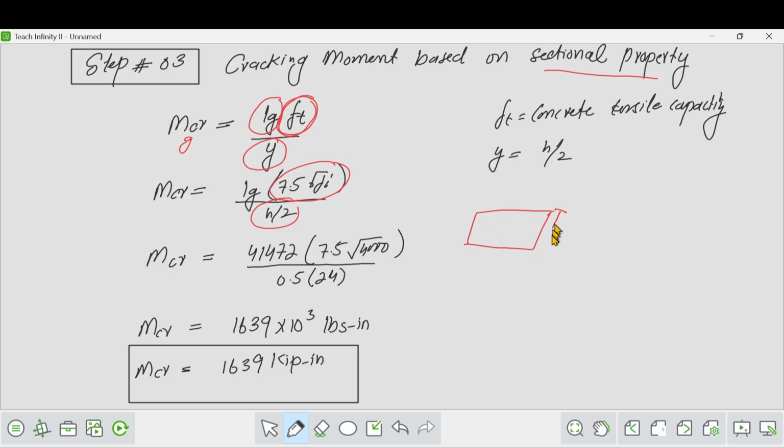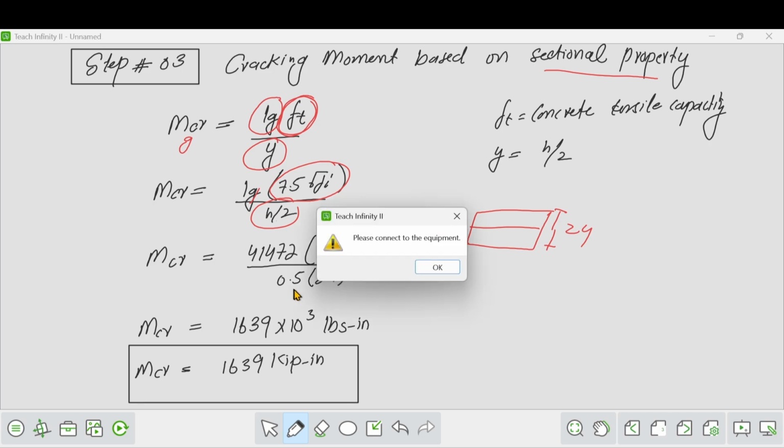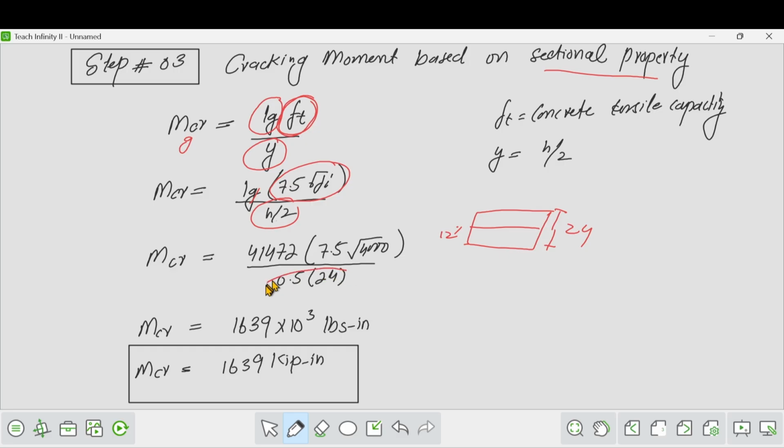The total gross cross section is 24, so its centroid will be 12 inches. So I will plug in the value of Ig, 41,472, and 7.5 √4000 divided by 12. If you calculate this, the cracking moment will be 1639 kip-inch.